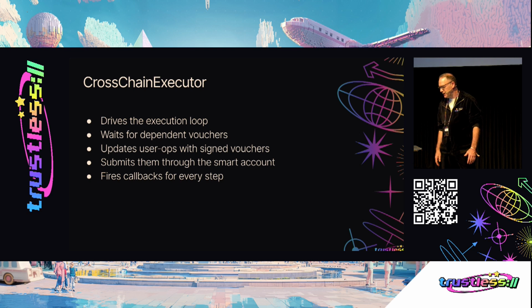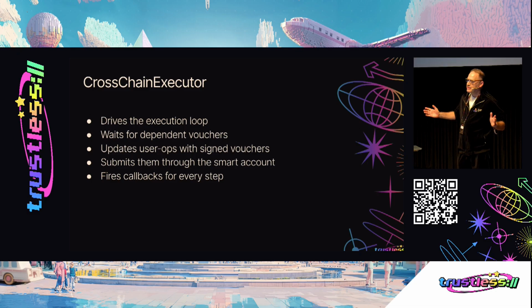Okay, now we're getting to the part where we have the execution. The cross-chain executor takes all the batches we created and converts them into user operations. It also takes all the vouchers and validates them on the destination chain, to make sure there are providers that can provide them.